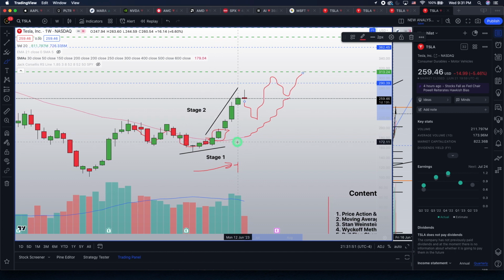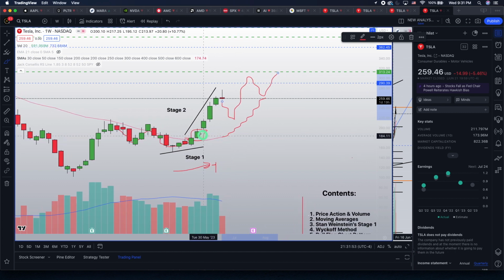So in terms of the stage analysis, we are looking good. We've formed our base, we broke above it, and this is going to be a really good sign of a further rally to come, even if we get this pullback, which is most likely a correction.